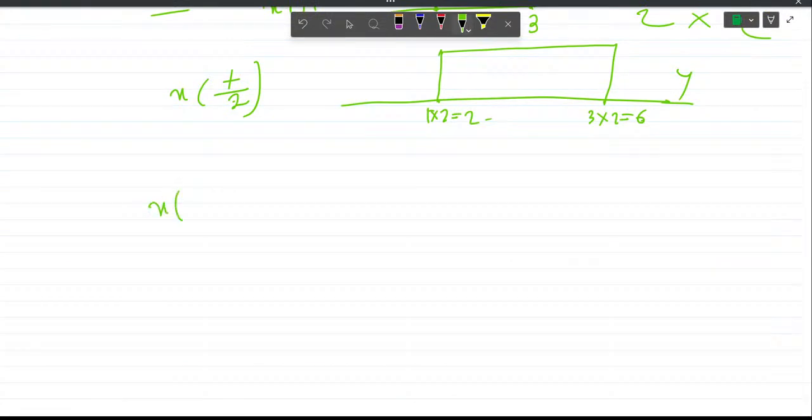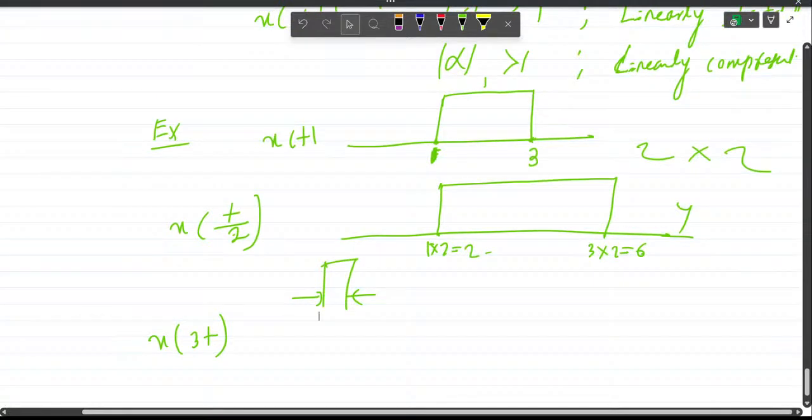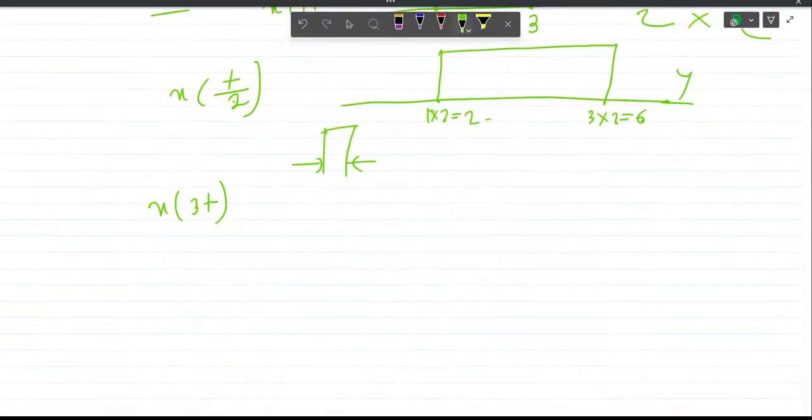Now x of 3t, alpha is greater than 1. So what do we expect? The signal will be compressed. So for that we will be dividing all these values. This is 1 upon 3, this is 1. So you can easily say that the duration becomes 1 minus 1 upon 3, that is 2 by 3.